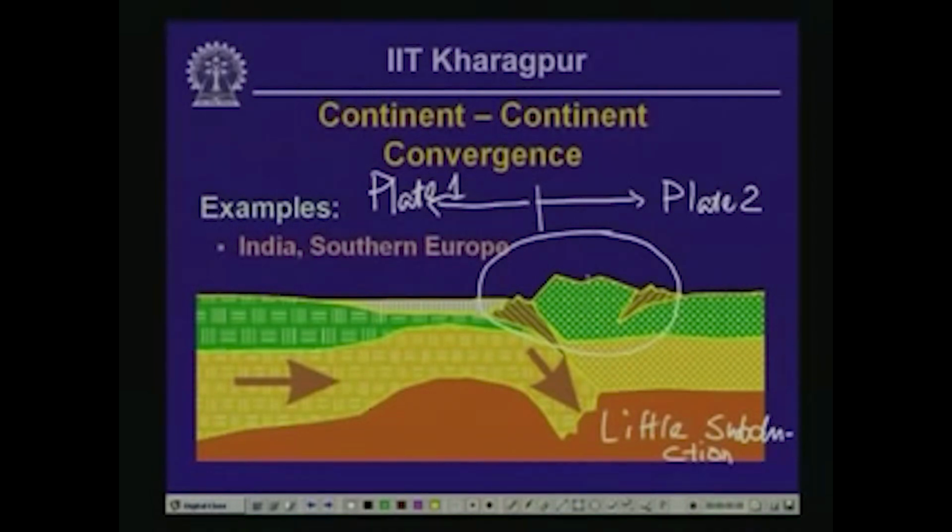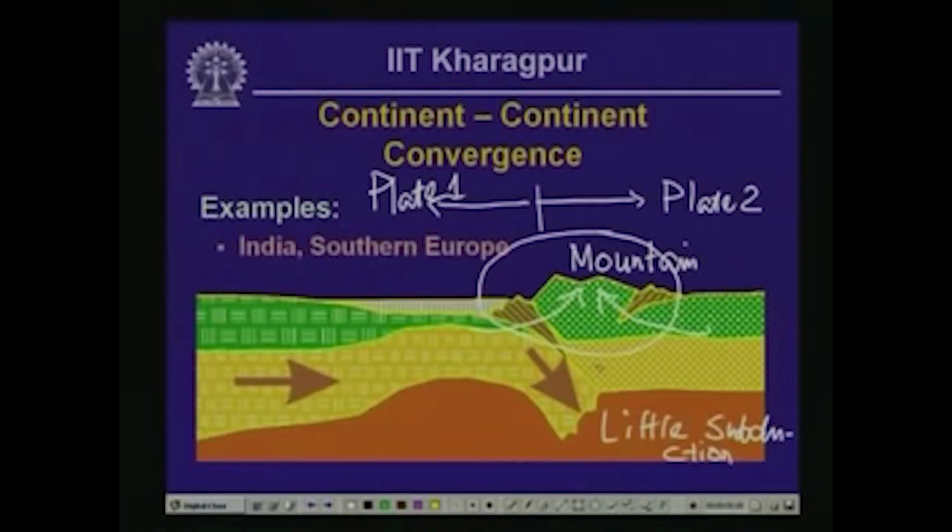A mountain chain starts building up because of the collision, and the height of the mountain chain keeps on rising as the convergence progresses.